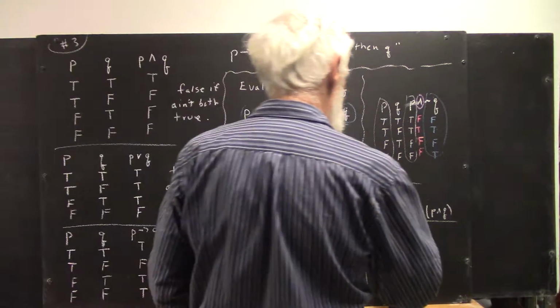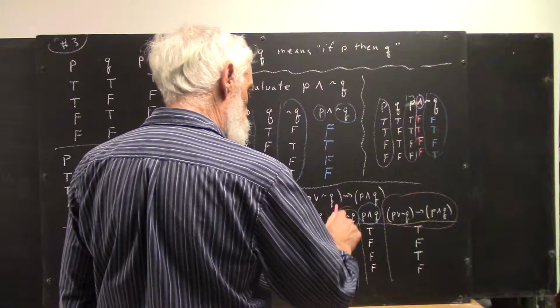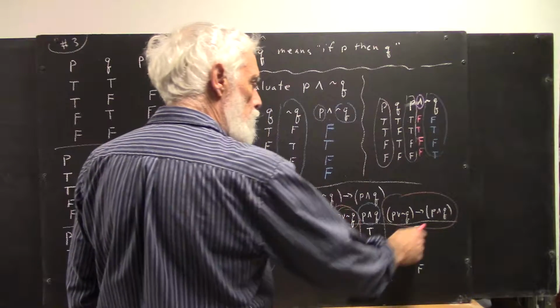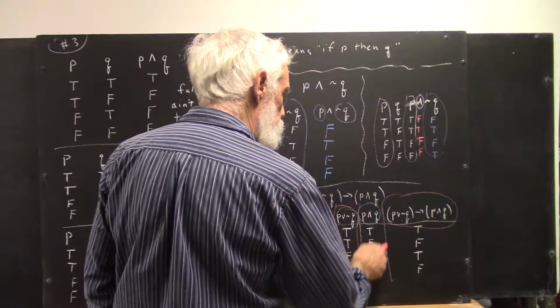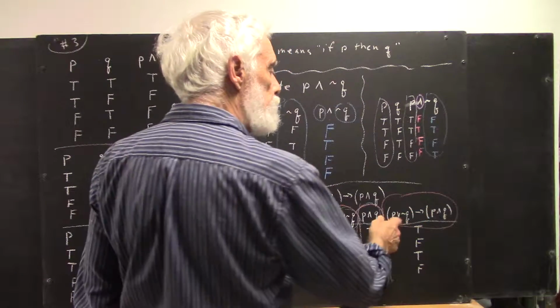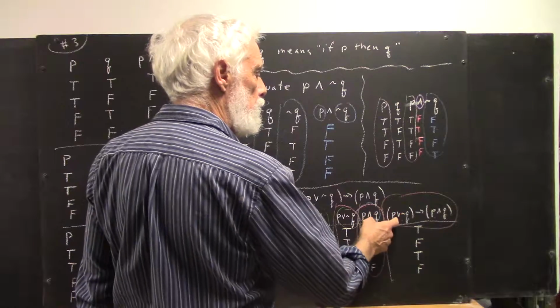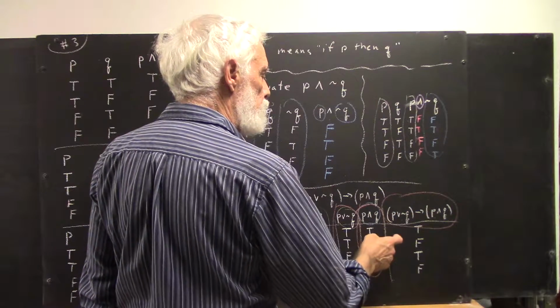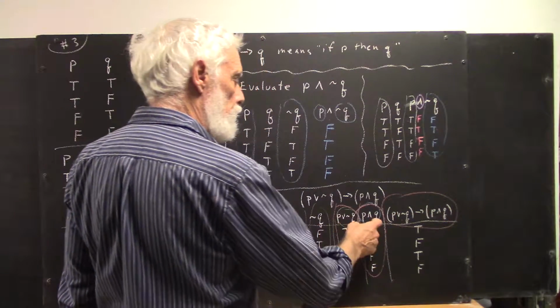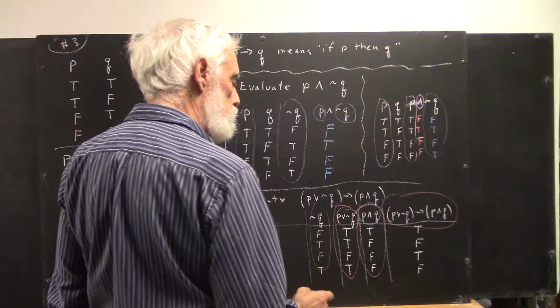So we want to evaluate this. We have to look at the value of P or not Q, which is here, and the value of P and Q, which is here. And it's an if-then, so this is going to be true as long as we don't have a true here and a false here. So we're going to look at this, then this, and if we don't have true, false, we know it's going to be true.